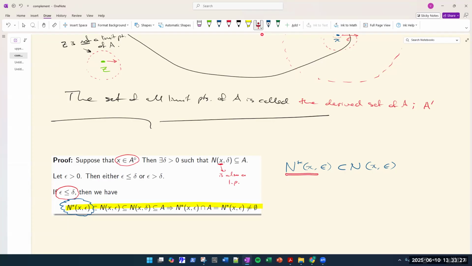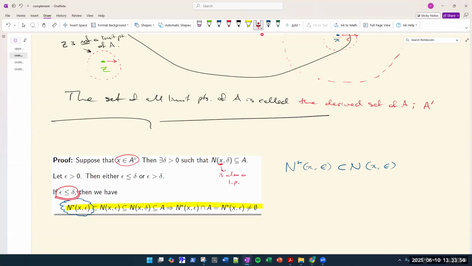The deleted neighborhood is the original neighborhood, but you remove a point. So obviously the deleted neighborhood will be contained in the full neighborhood, because the deleted neighborhood is this guy minus X, without X.